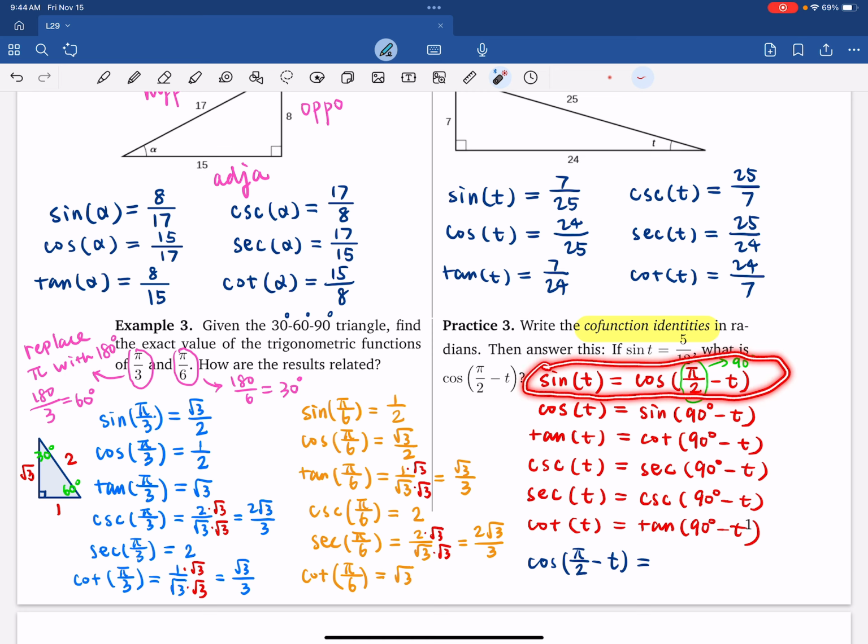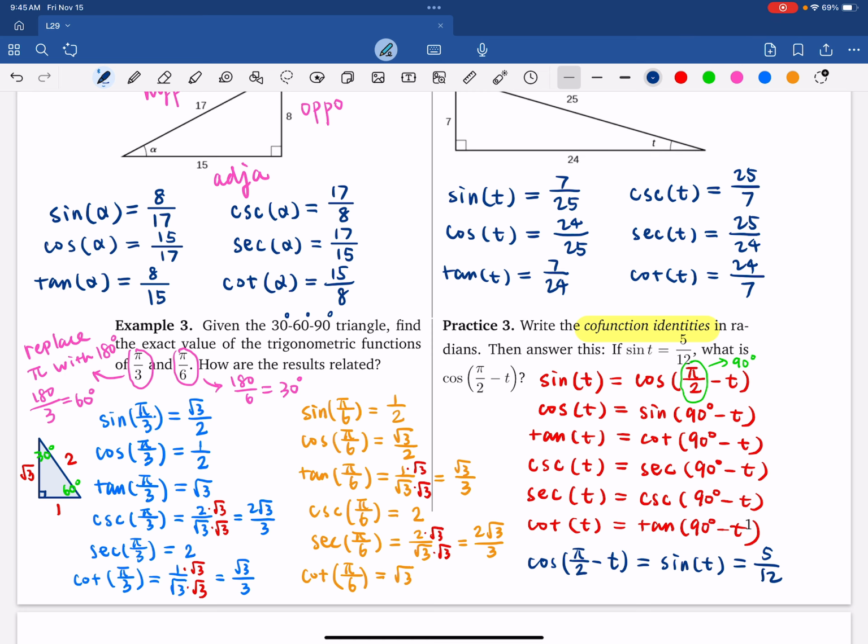Cosine of pi over 2 minus t is sine of t. So this is equal to sine of t. And what is sine of t? 5 over 12. So that's the answer. And that's how you can use the cofunction identity to sometimes solve problems, even if you don't know what the triangle looks like.